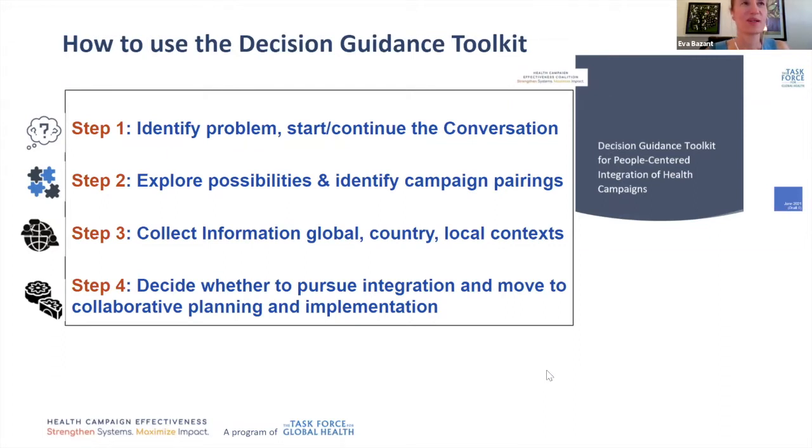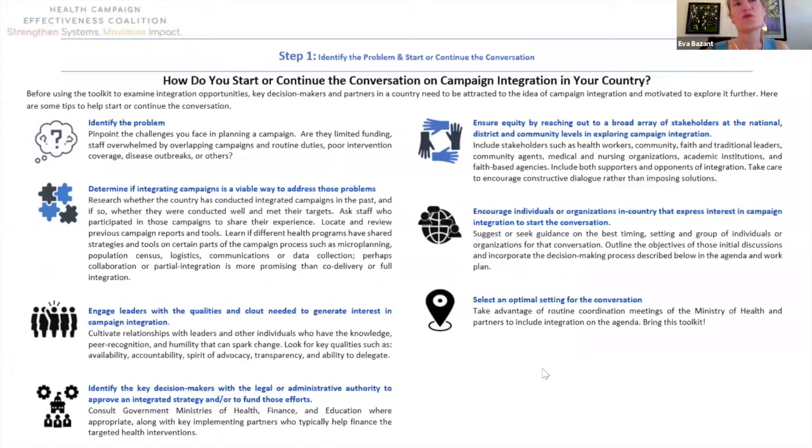Next slide. So we started to think a little more deeply about how do you even start the conversation? What should you have with you? And this is for country and global stakeholders when they come together.